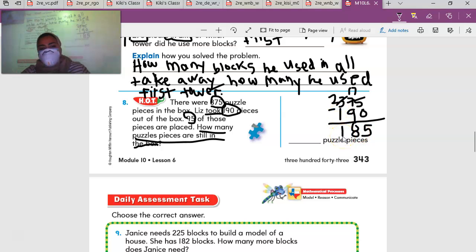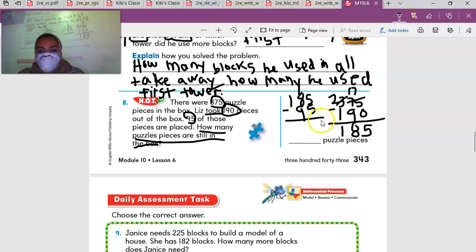That makes 185. So Liz took 190 pieces out of the box, so there's 185 pieces still in the box. And then she put 95 of those pieces. So she only uses 95 of the 185. So then you're going to do 185 take away 95. And that's going to be your answer.